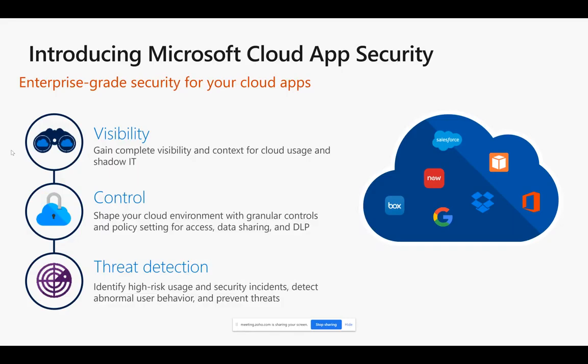Cloud Application Security has all these features to offer at an E3 and an E5 level. Cloud Application Security in the E5 suite is the most advanced and the most powerful one, but the others are a little limited in terms of the number of applications and the kind of functionalities it can give.